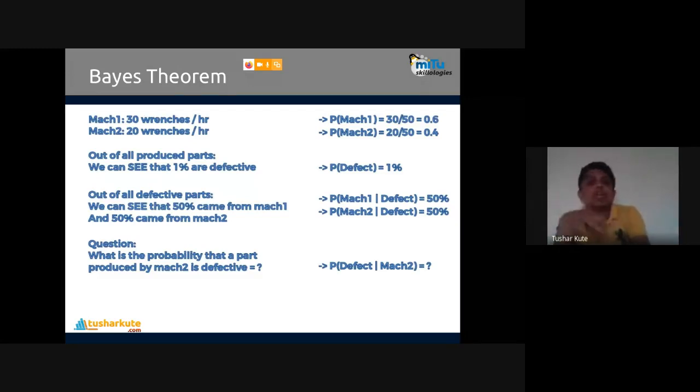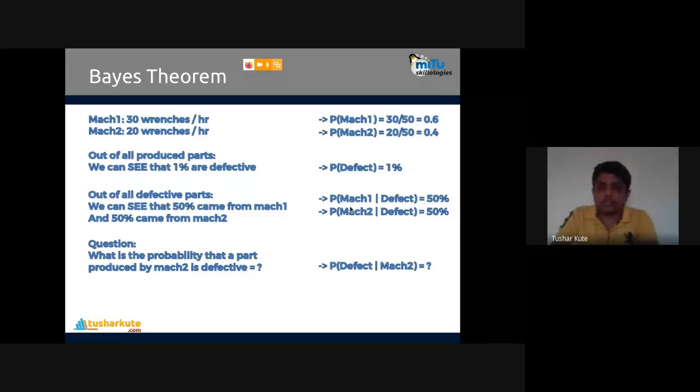Third, our observation that out of all the defective spanners, we have seen that 50% came from machine 1, 50% came from machine 2. Out of the 1%, 50% are from machine 1, 50% from machine 2.